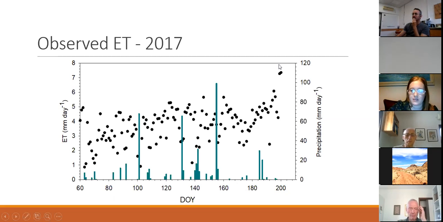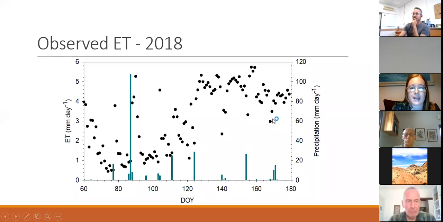We do have a bit of a spike towards the end after a couple of rainfall events where it's mostly soil evaporation. But throughout the main growing season, things stay pretty steady, even after this really large rain event. You do see a bit of a spike here after that, but it quickly goes back down.